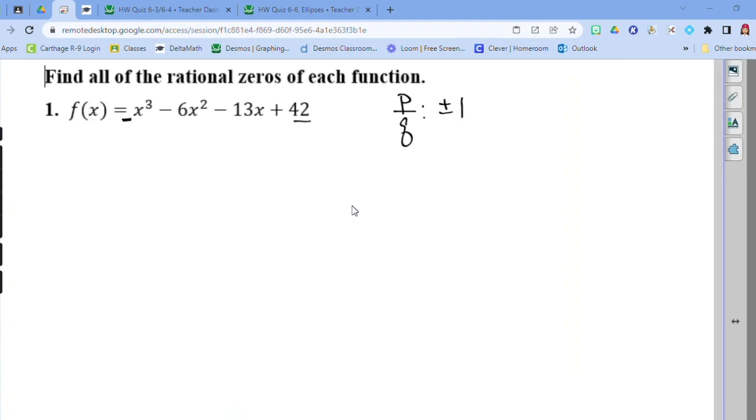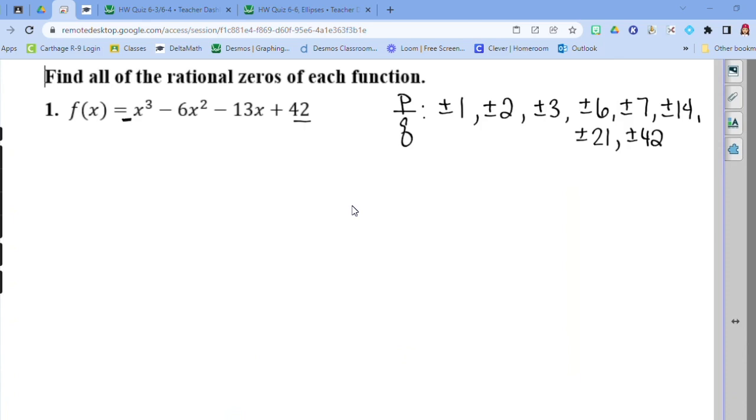So that'll be 1, 2, 3, 6, 7, 14, 21, and 42.